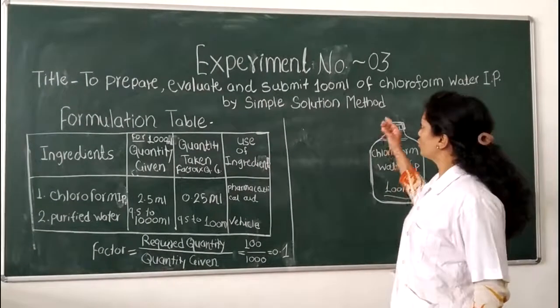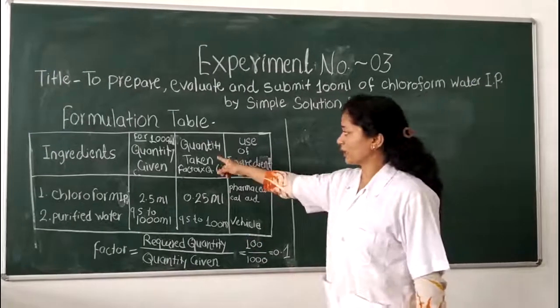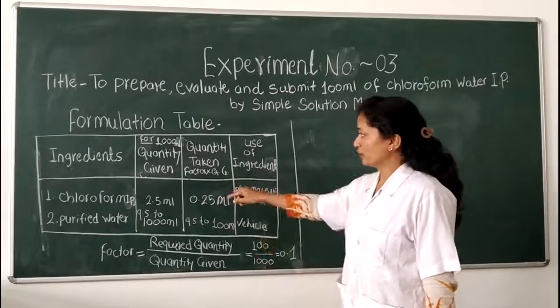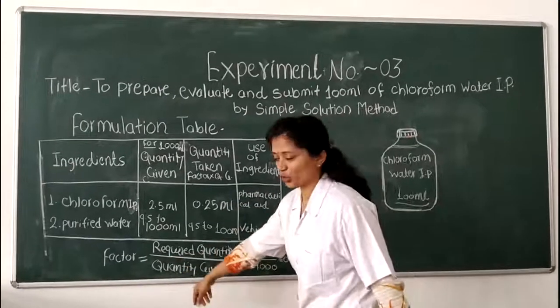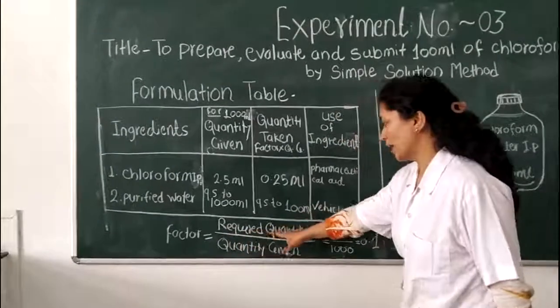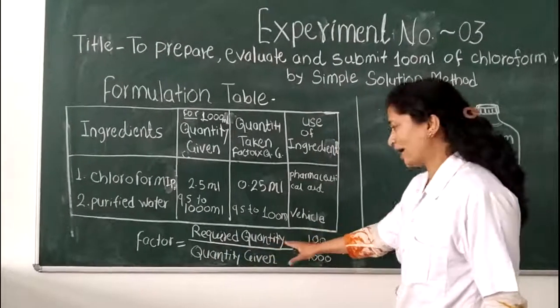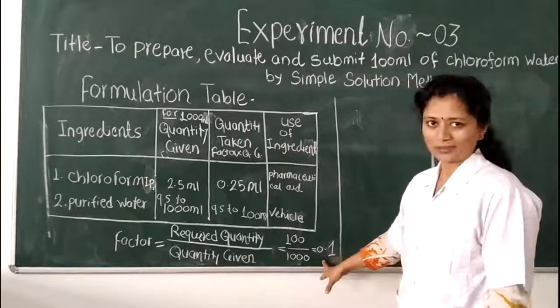Now, we have to prepare 100 ml of chloroform water. For that, we have the quantity taken, which can be calculated by the factor. The factor is calculated by the formula: factor is equal to required quantity upon quantity given. Our required quantity is 100 ml and our given quantity is 1000 ml.